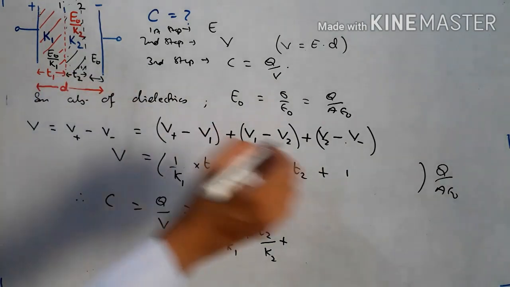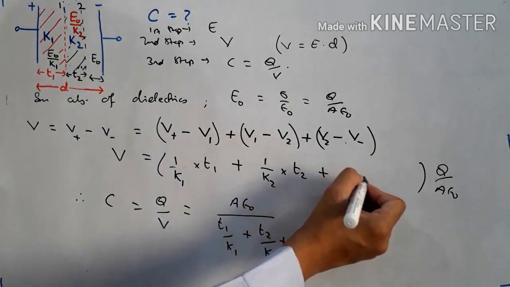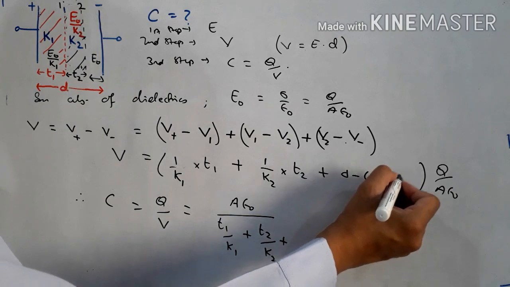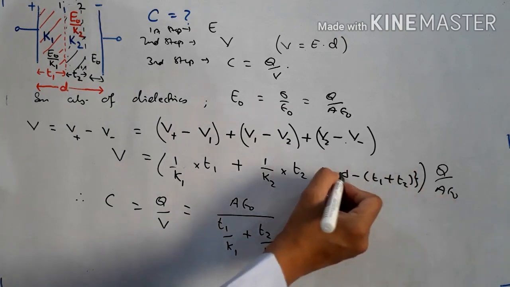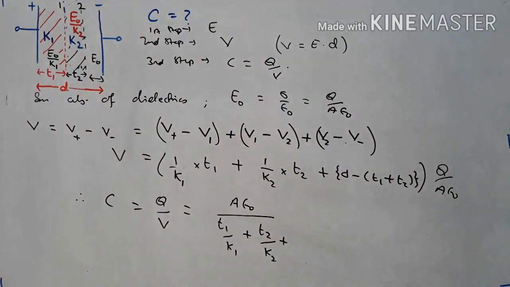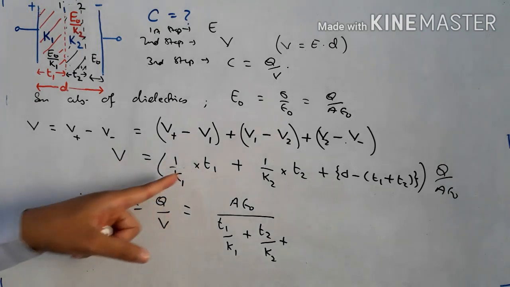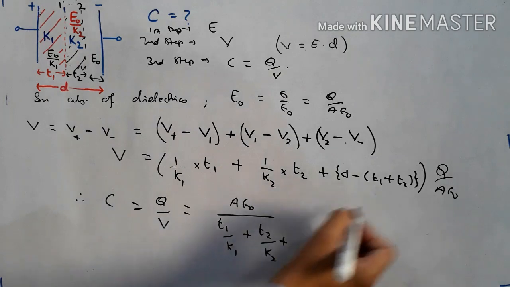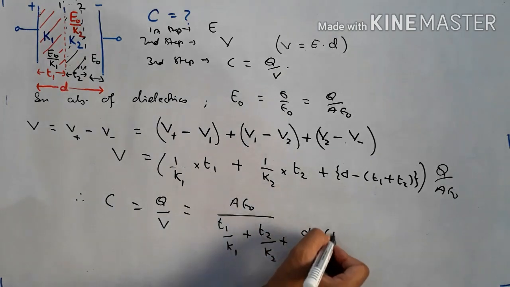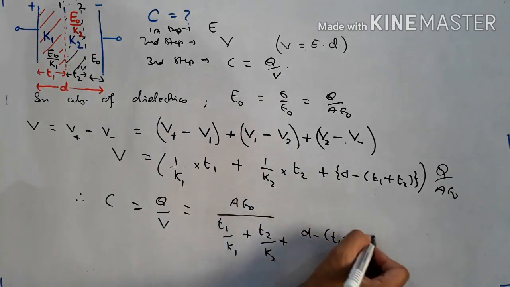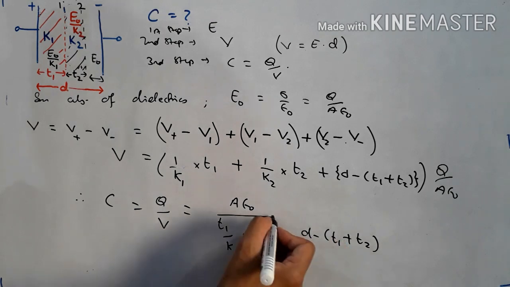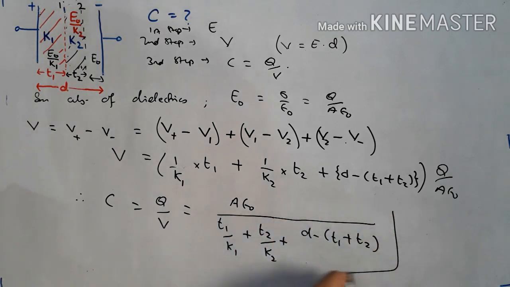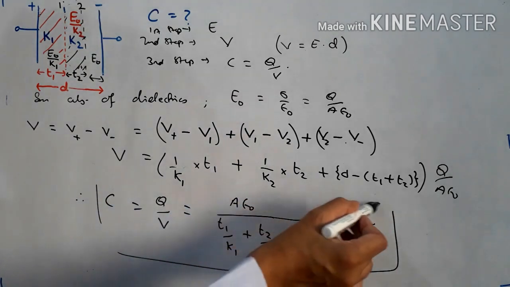This thickness is how much, students? That is D minus T1 plus T2. So now we get T1 upon K1, T2 upon K2 plus this last one, that is D minus T1 plus T2 upon nothing, that means 1. This is the answer to the question.